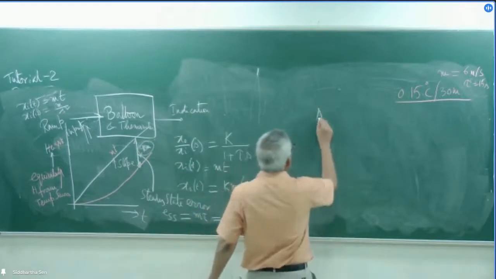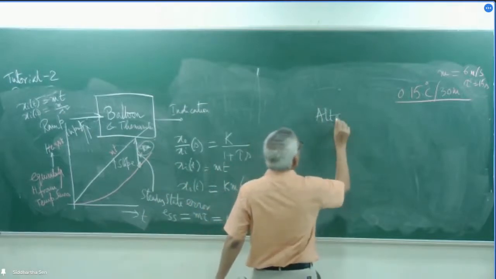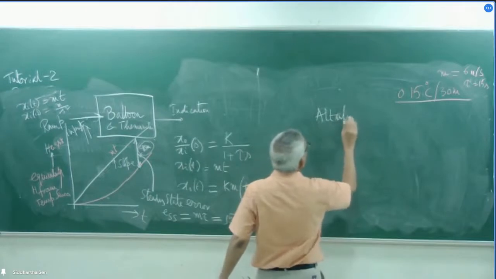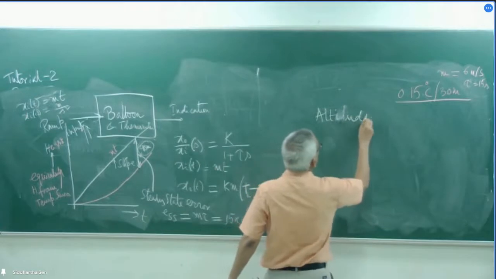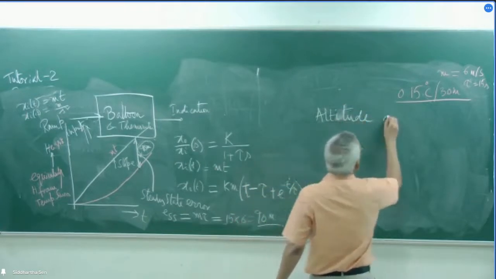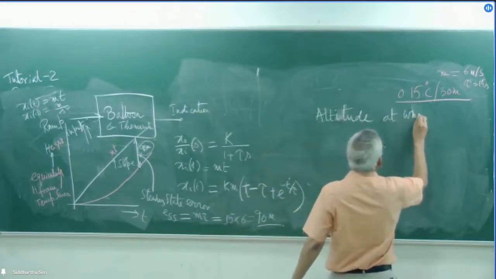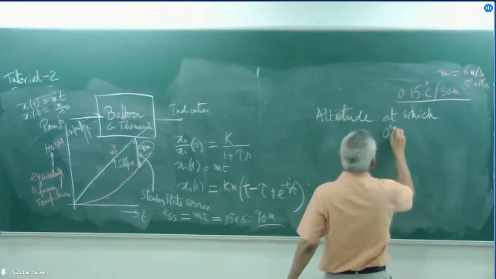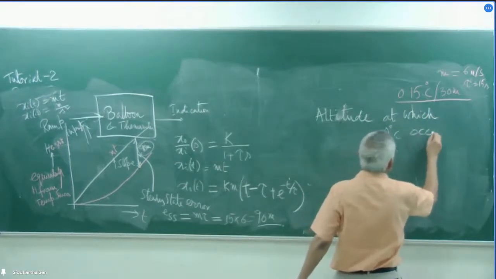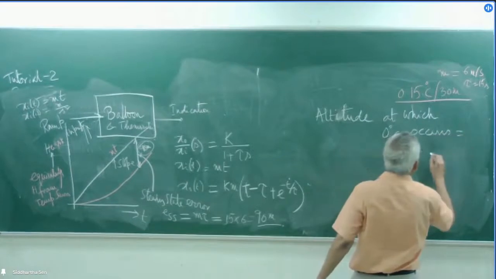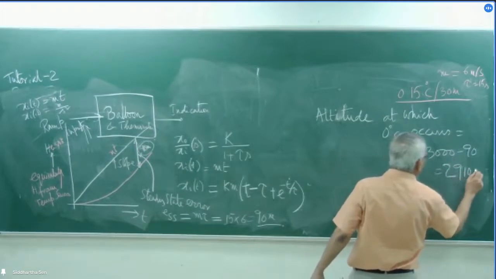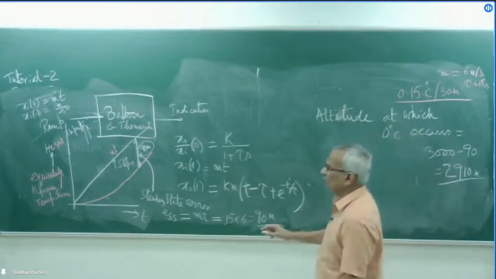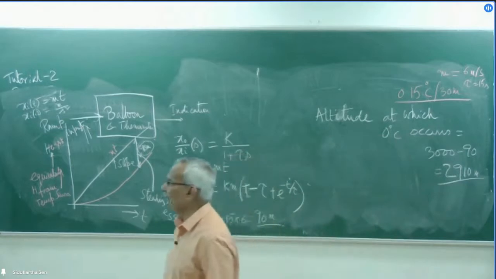So the altitude at which 0 degree Celsius occurs is equal to 3000 minus 90, which is 2910 meter.